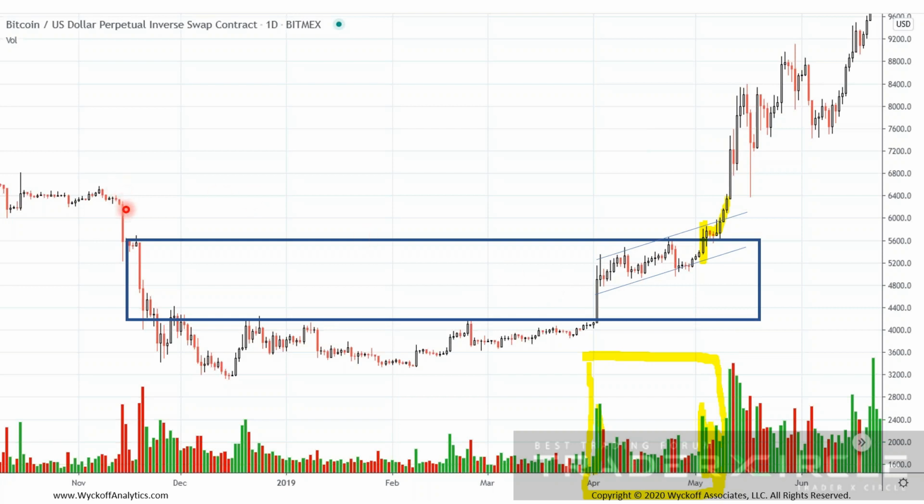Absorption on the way down in phase A. Inactivity in phase B. In phase C, generally, we do not see a spring of support. Absorption in the top half of the range, which indicates strength by itself, and in the end of the consolidation, market participants are forced to enter on the way up.